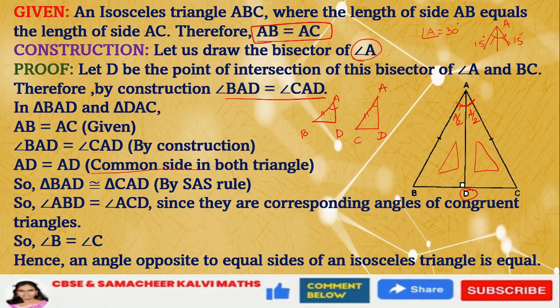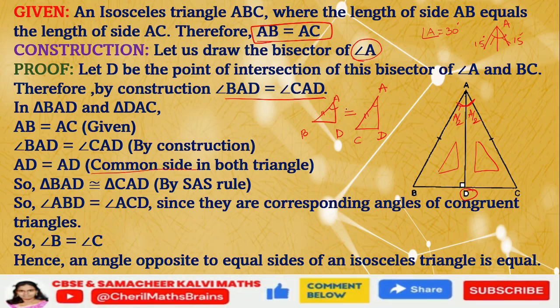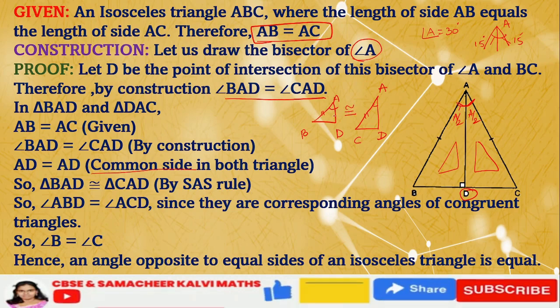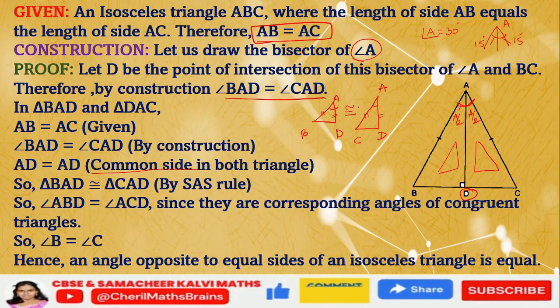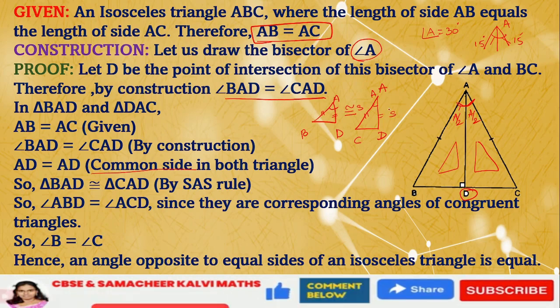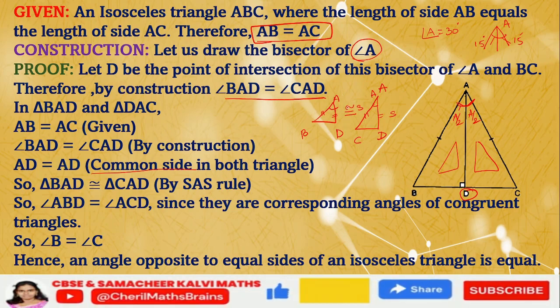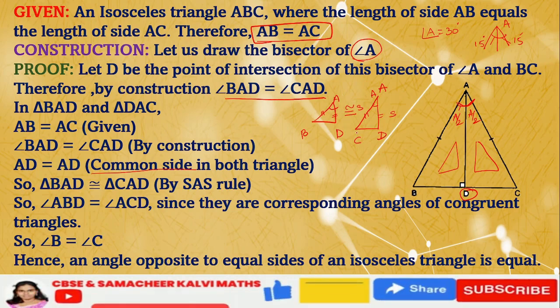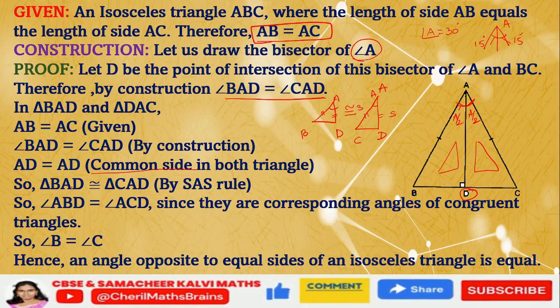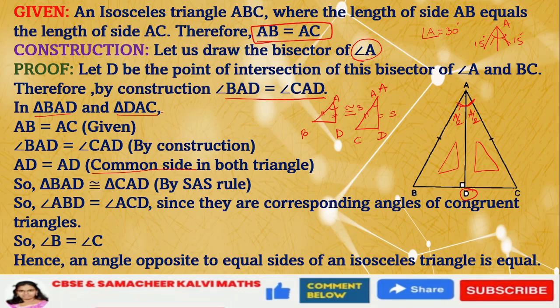With this, we can say that these two triangles are congruent. How are these two triangles congruent? Side, angle, side. As per the side angle side rule, we can say that triangle BAD is congruent to triangle CAD. Remember, children, when you write the congruence, you should be very careful. Here in consideration, we can take it the other way also.